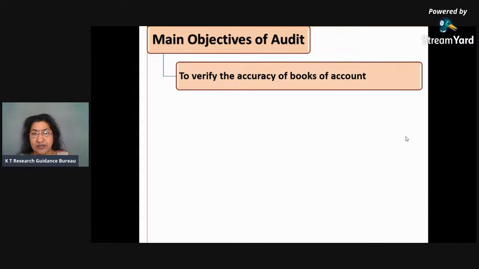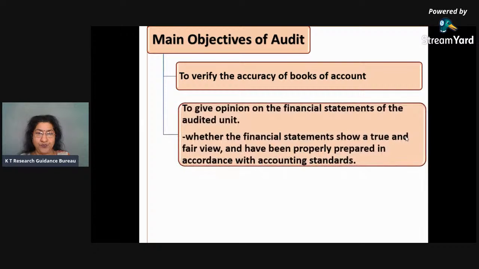Their main intention is to get proper reports for financial statements. So, to verify the books which the accountant has prepared, these shareholders, they will appoint an auditor. An auditor verifies the accuracy of books of accounts and submits the reports to shareholders. So this is the main objective.